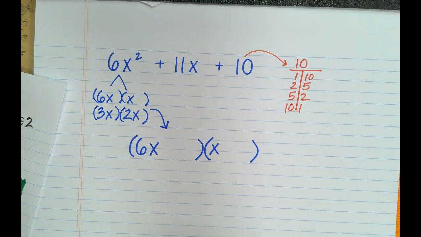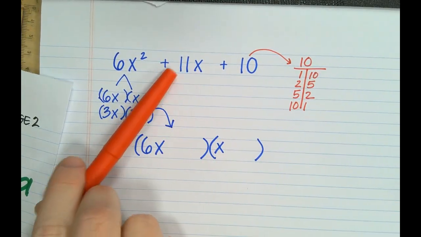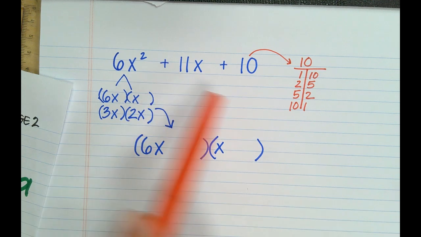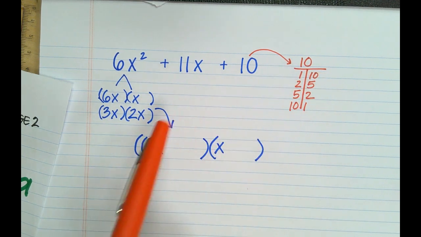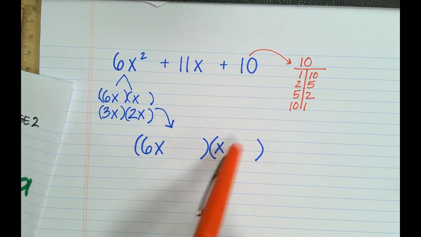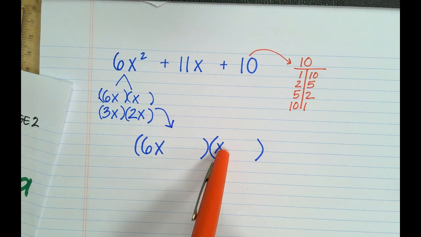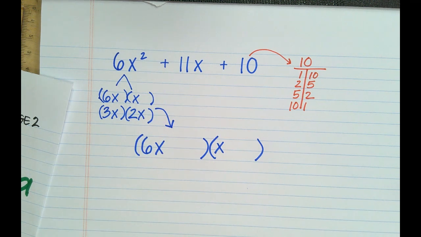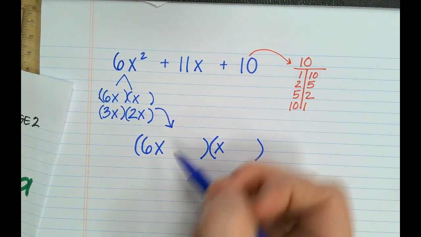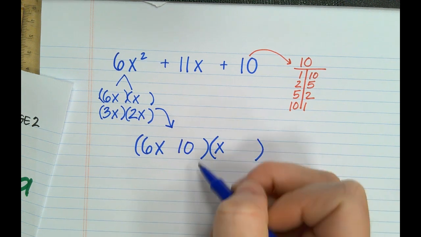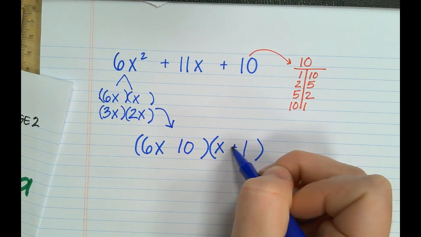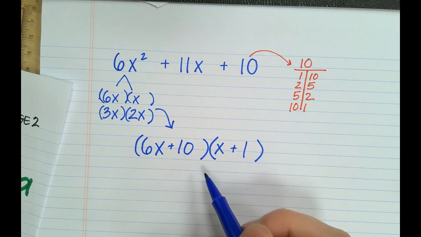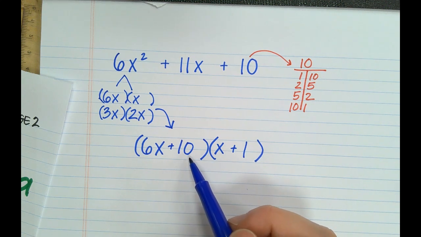So, our middle term is 11x. Whenever I put these factors into the parentheses, the rainbow needs to give me 11x total. So you said try 10 and 1 first. So I'm going to write 10 and 1. And I'm already looking at this.